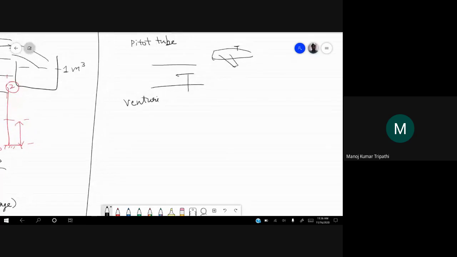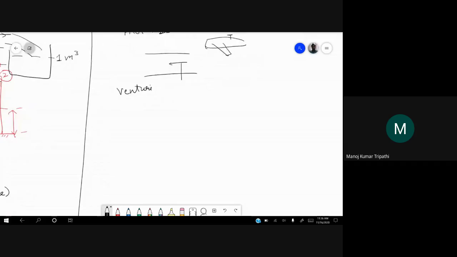Okay, then you have venturi meters or venturi tube. So here what you need to do is, let's say you have a pipe, you insert a venturi tube like this in between the pipe.